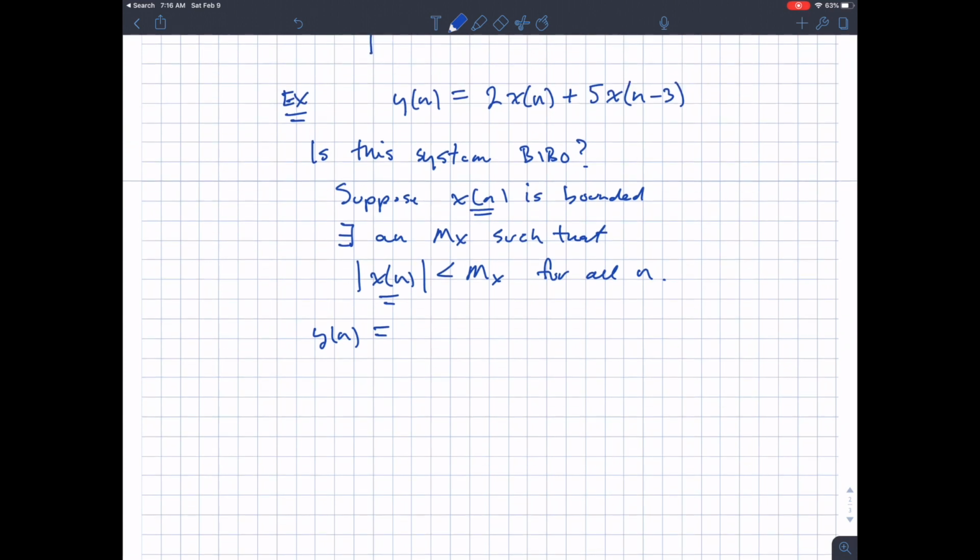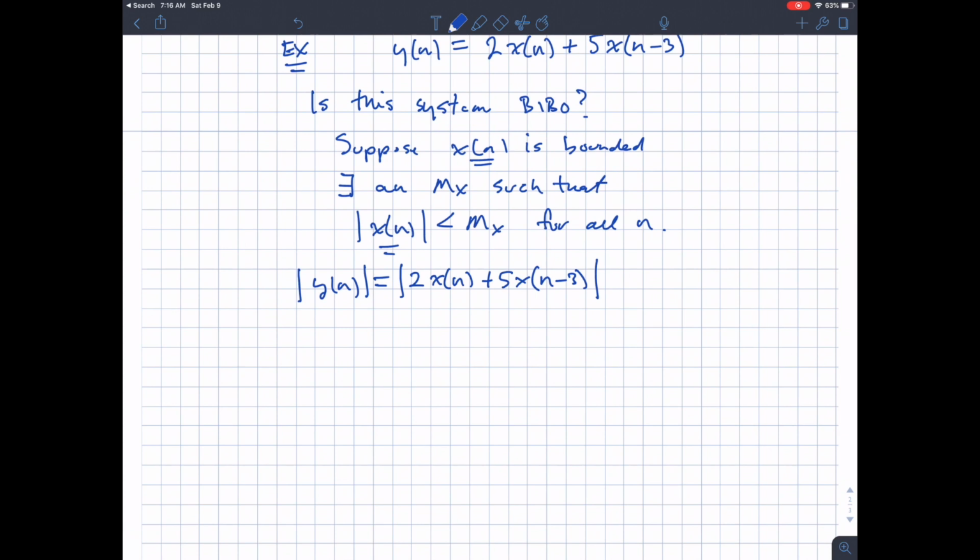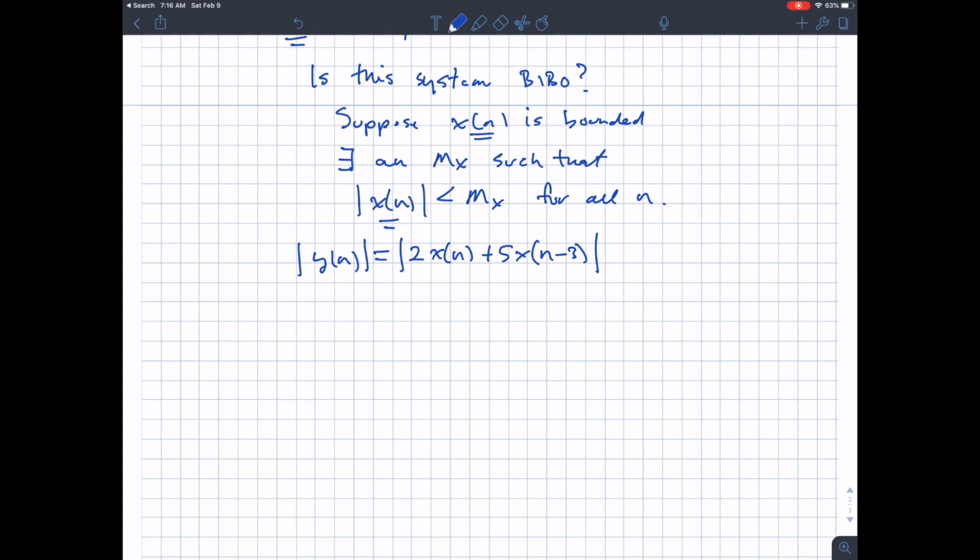So y of n is 2x of n plus 5x of n minus 3. And because I'm worried about whether y of n is bounded, to determine whether this is a BIBO system, I take the absolute value, and then I start using inequalities. The absolute value of a sum, this is a well-known inequality, is less than or equal to the sum of the absolute values of the individual pieces.